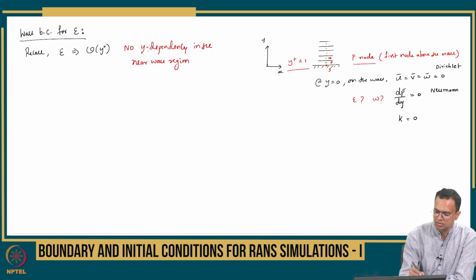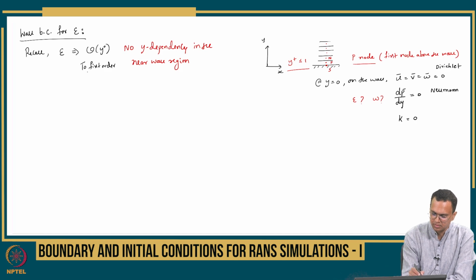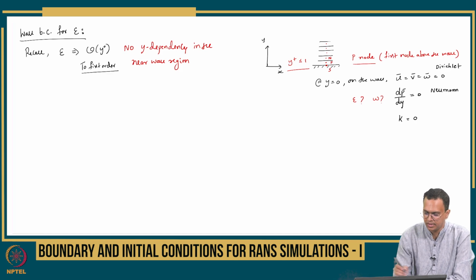This of course to first order, right, to first order. All the terms that we discussed yesterday were first order, we dropped the higher order terms. So to first order we have epsilon having no y dependency in the near wall zone.